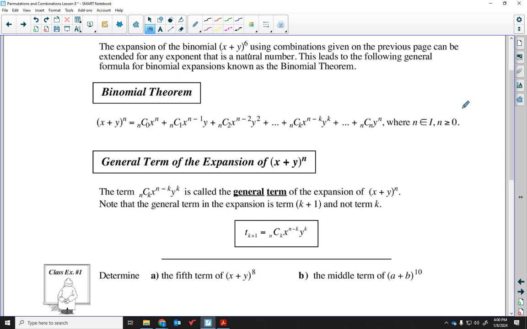So it follows the exact same pattern I identified on the last slide, which is for all of my individual terms, if you expand it, the number to the left of the choose symbol is going to match up exactly with the degree of the binomial, or the degree attached to the outside of that binomial. So we have n, n, n, n, etc. Okay.